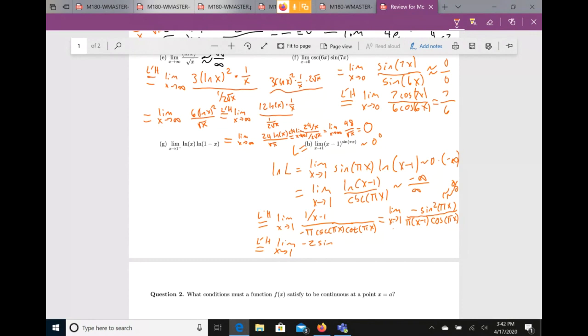I wonder if there's room here. Okay, and then on the denominator, you use the product rule. So let's see.